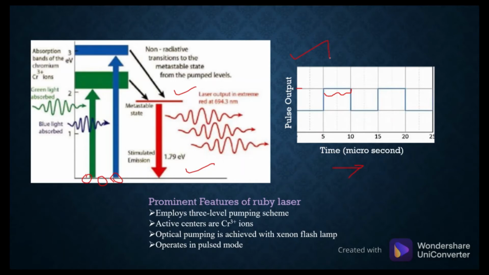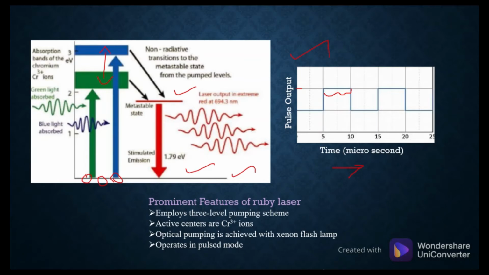So the main prominent features of the ruby laser, as you see through the figure, are that it involves a 3 level system. This is the ground level. The metastable state is taken as the second level. Here, level E3 dash is considered to be the same level only. So it is a 3 level system.